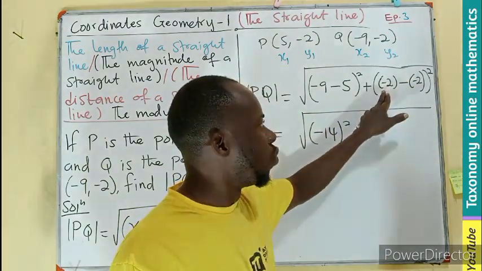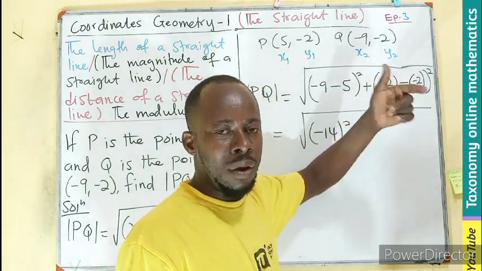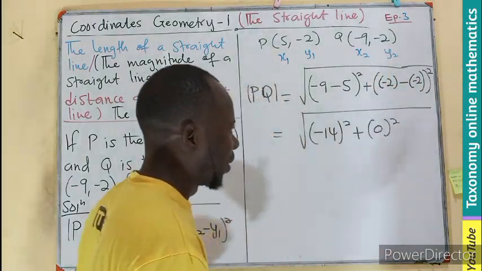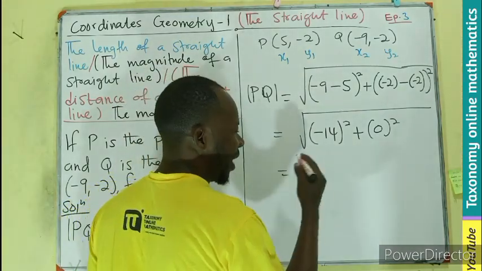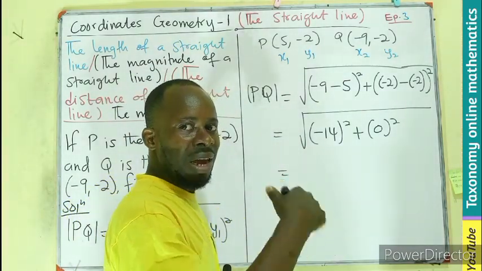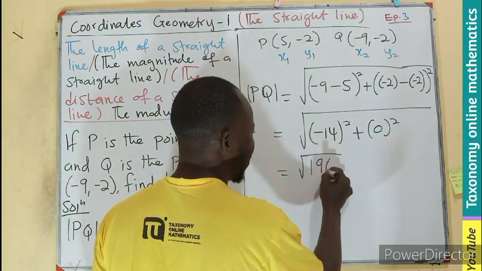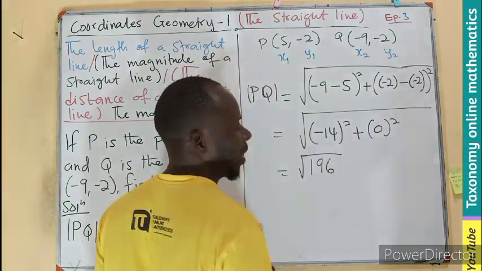So minus 2 plus 2 will give us 0. Let me indicate that, and squared. Negative times negative gives a positive answer. So we have 196 plus 0.